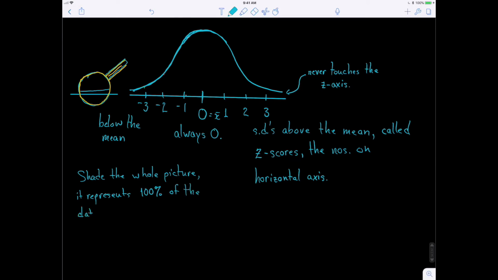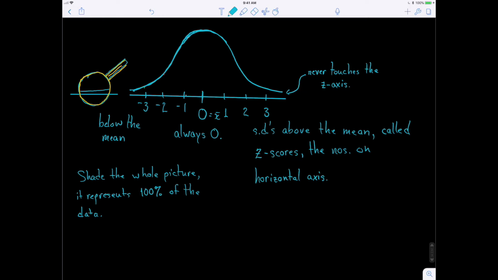To prove this is a rather challenging calculus problem, and we don't need to do that, but we do want to get the idea that even though it goes on forever, that is so small that at some point it doesn't actually add any value at all. And so you really can just shade 100% of the picture. Okay.